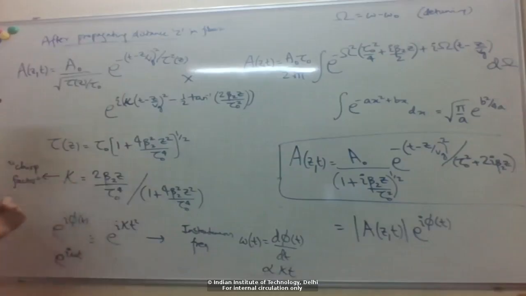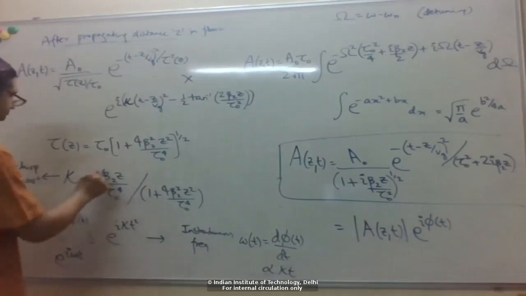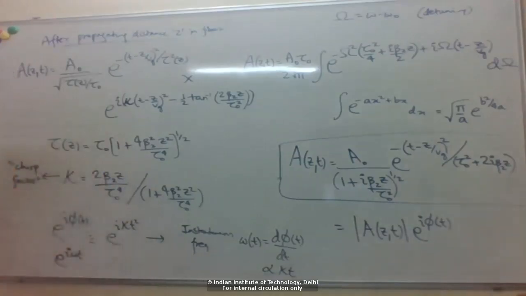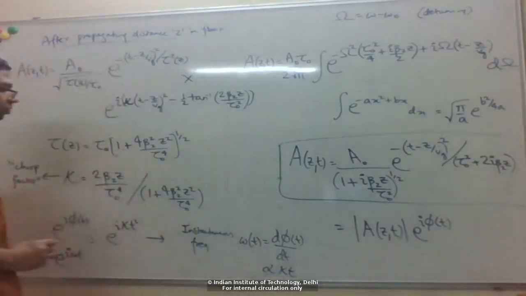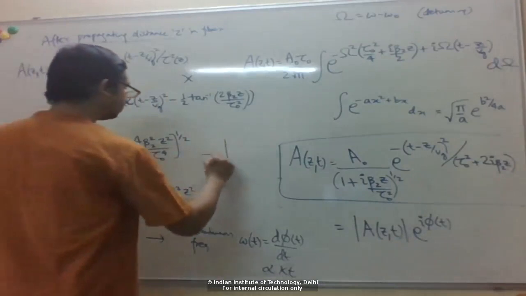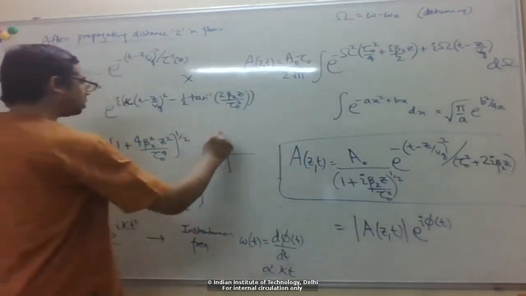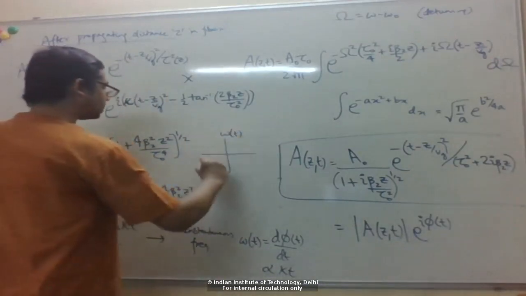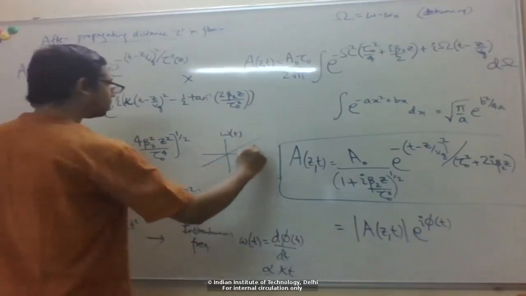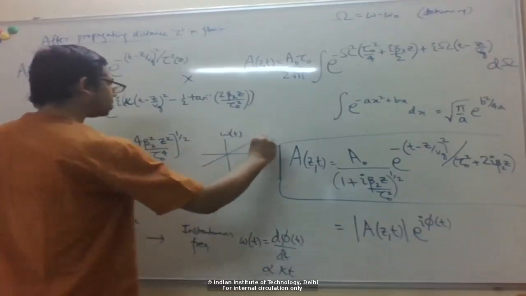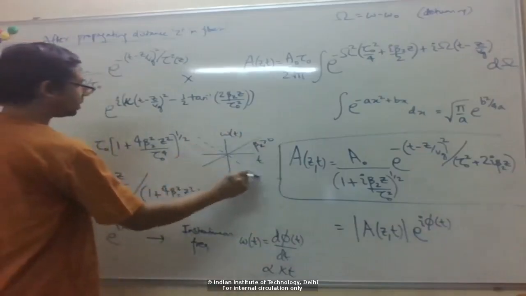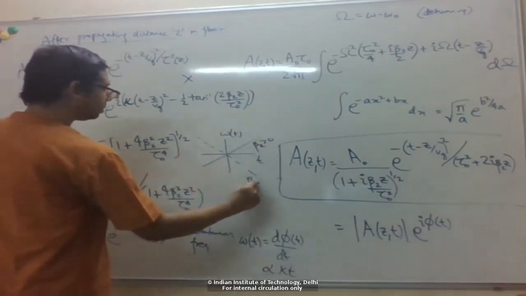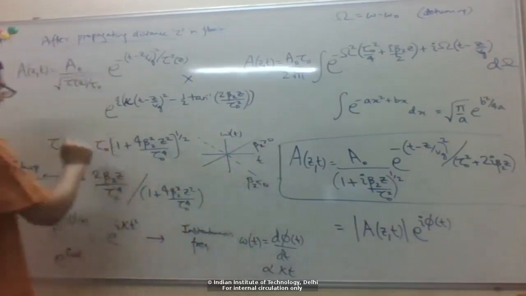Kappa is basically beta 2, so if beta 2 is positive, which is normal dispersion, this slope is positive, which we also discussed last time. So omega of t will be positive if beta 2 is greater than 0, or D is less than 0, and it will be the opposite for the opposite case.